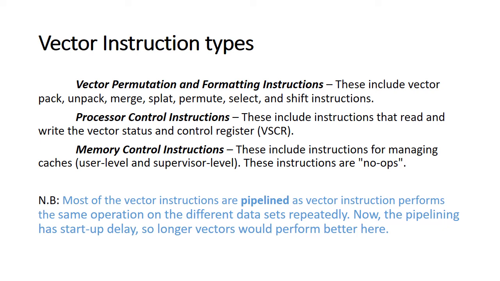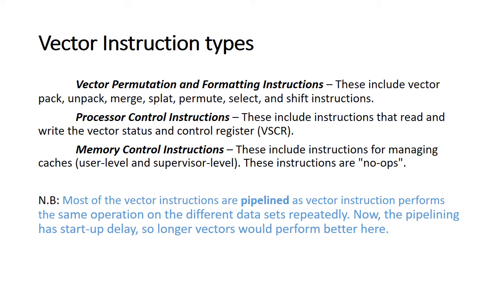The fifth one is processor control instructions, and this includes instructions that read and write the vector status and control register. The final one of the vector instruction types is memory control instructions. These include instructions for managing cache, that means the user level cache and the supervisor level cache, and these instructions have no operands.